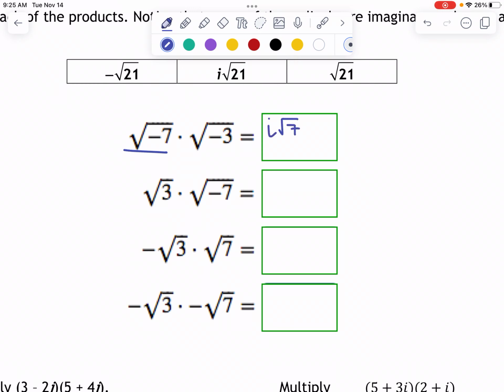And the square root of -3, I can rewrite as i times the square root of 3. All right, I can reorder and have i times i times the square root of 7 times 3, which gives me i squared times the square root of 21. And i squared is going to be a -1, so I'm going to write that as a negative root 21.